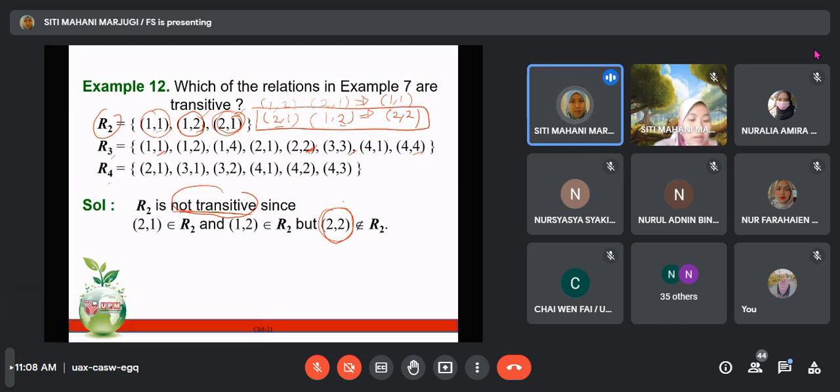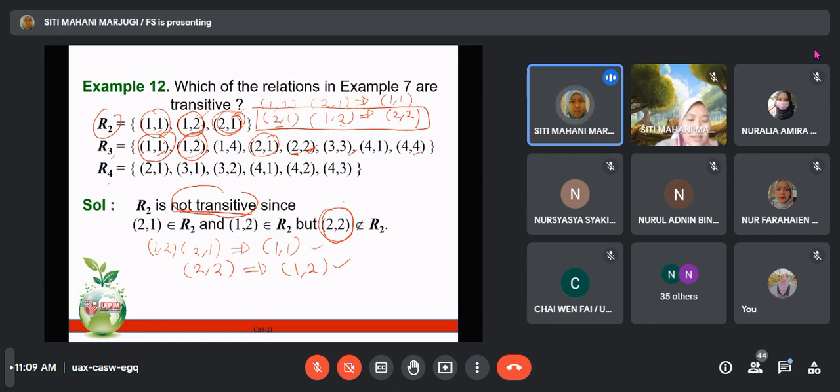So we look at the other elements, (1, 2). Suppose (1, 2) and (2, 1); if we take (2, 1), the result implies (1, 1), so we have it here. Then if we take (1, 2) and another (2, 2), the result will be (1, 2), which is also an element of R3.